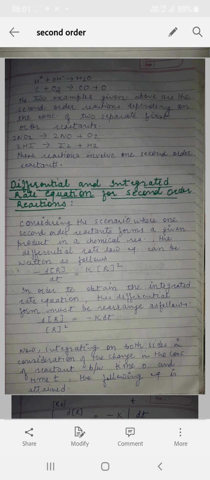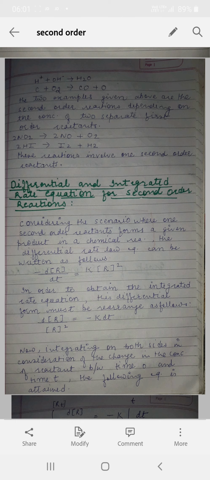In order to obtain the integrated rate equation, this differential form must be rearranged as follows. So, d[R]/[R]² is equal to minus k dt.